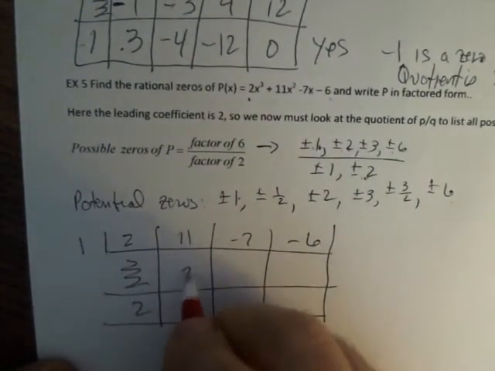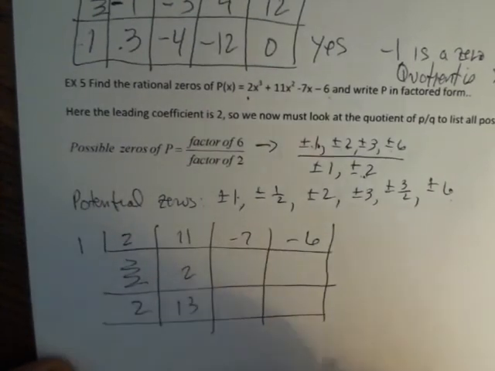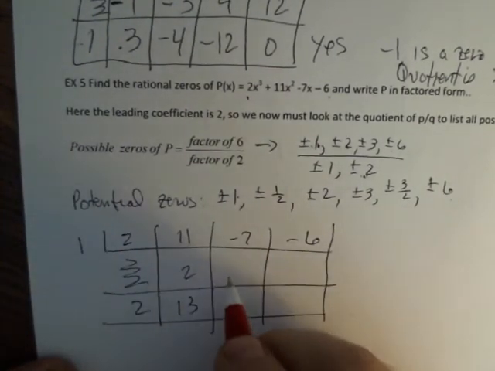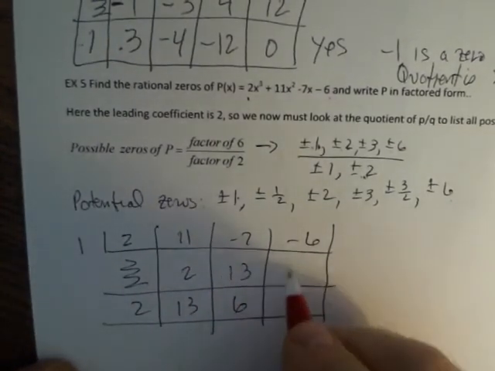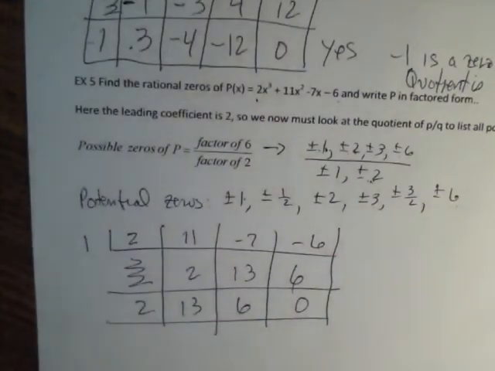1 times 2 is 2. 11 plus 2 is 13. 1 times 13 is 13. 13 minus 7 is 6. 1 times 6 is 6, and that gives me a 0. Yay.